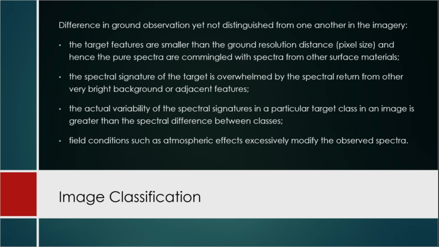The spectral signature of the target is overwhelmed by the spectral return from other very bright background or adjacent features. And the actual variability of the spectral signatures in a particular target class in an image is greater than the spectral difference between classes. Field conditions such as atmospheric effects excessively modify the observed spectra.